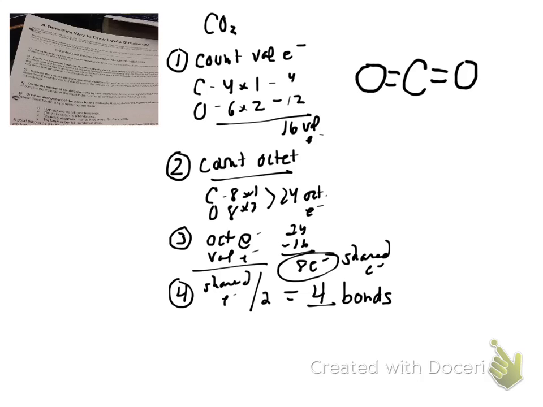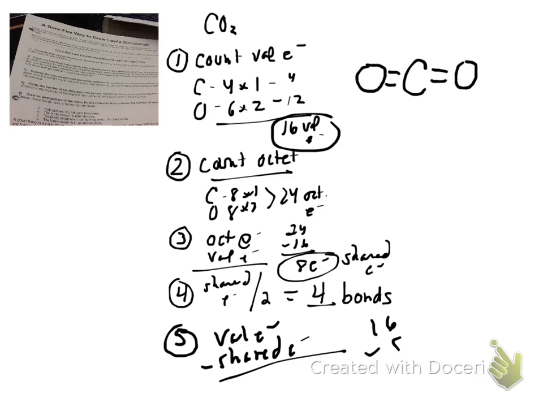You're almost done. The last step is figuring out how many unshared electrons there are. So, step 5. We said we had 16 electrons, and we're sharing 8. So here you just take the number of valence electrons minus shared electrons. In this case, it's 16 minus 8. These get called lone pairs, unshared pairs.